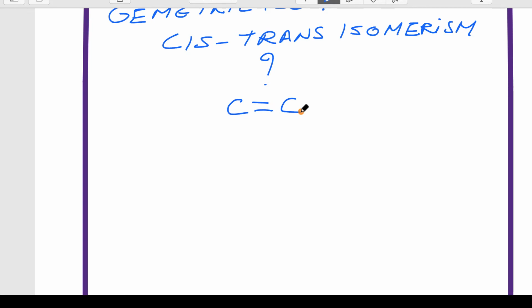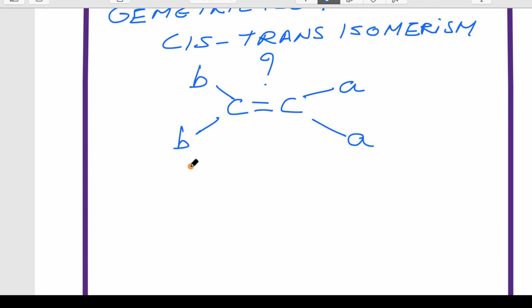Let us say here A, and here B, and here A and B. So this is one group and this is another group. Here you see that the A group is at one side and the B group is on the other side.